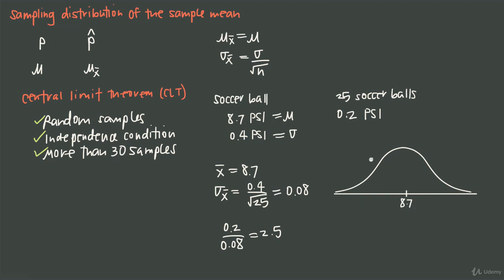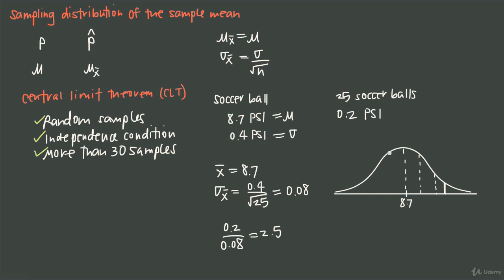This is the sampling distribution of the sample mean. So our mean is 8.7. And then we know one standard deviation is 0.08. So if this is the mean here, then one standard deviation, 0.08, might be here. Two standard deviations, 0.16, might be here. And then 2.5 standard deviations is going to be right here.